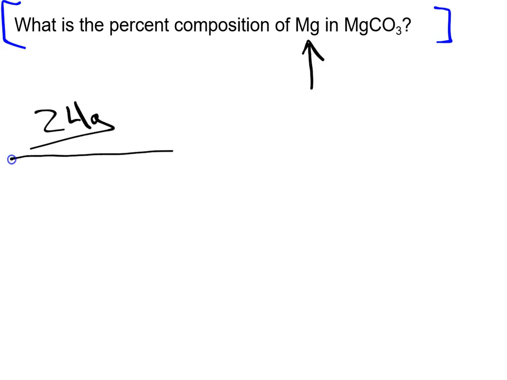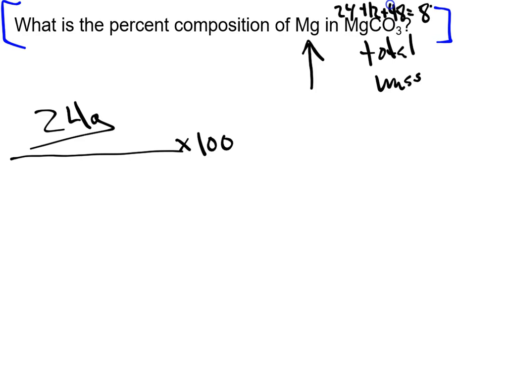You're going to divide 24 by the total mass, and then just multiply that by 100. So the total mass, Mg is 24. Carbon is 12. 3 times 16 is 48. We get 84 grams. So we put 84 in the denominator.